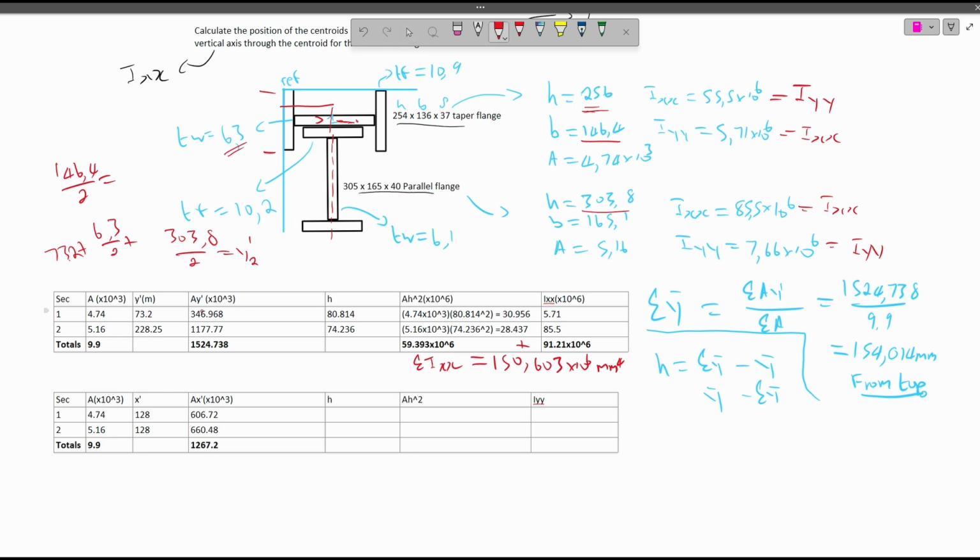And then our X bar, our sum of X bar is going to be the sum of A X bar over the sum of our area, which will be 1267.2 divided by 9.9.